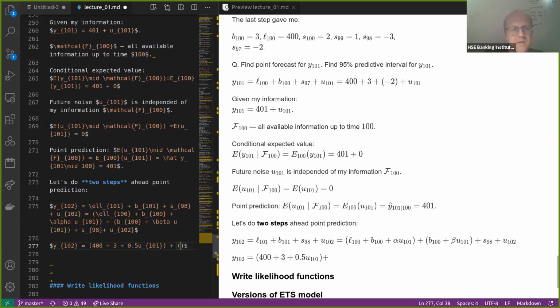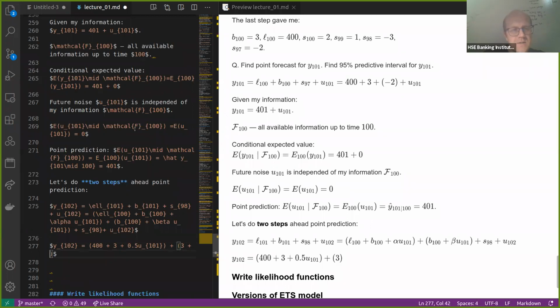We have the second brackets. B100 is 3 plus 0.5 times U101 plus S98, which was minus 3, as I remember, and plus U102.